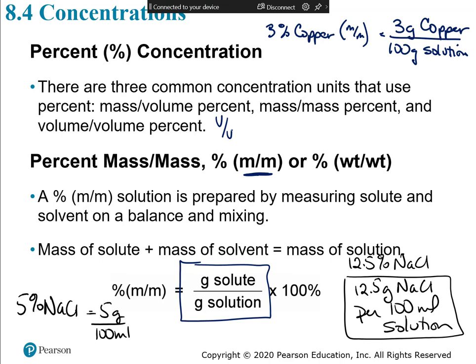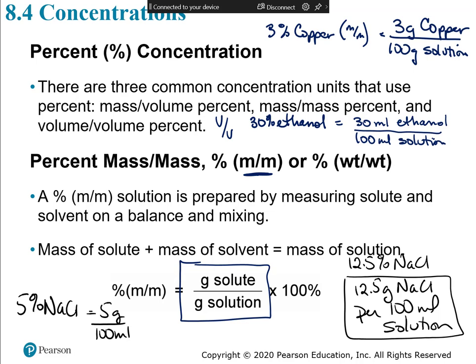That's a percent solution. So if I have a 30% ethanol solution, that would just mean that I have 30 milliliters of ethanol, if it's a volume to volume, divided by 100 milliliters of the solution.